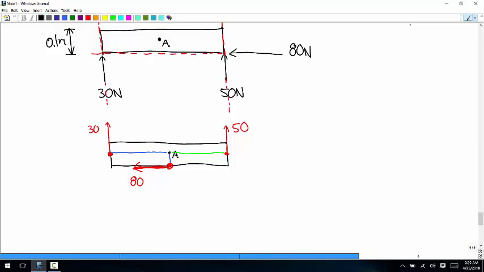And to think about the directions, you just have to think about which direction the thing would rotate for each one of these forces. So the moment about A for the 30 is 30 times 0.25. And would that make it rotate clockwise or counterclockwise? Clockwise, so this is negative. So that's 7.5.